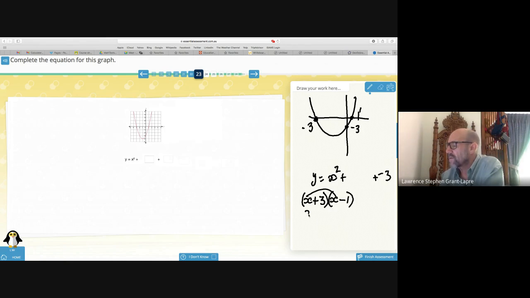It becomes x squared minus x plus 3x minus 3. Okay, we've got our minus 3. So that would be plus 2x. So it's x squared plus 2x minus 3.